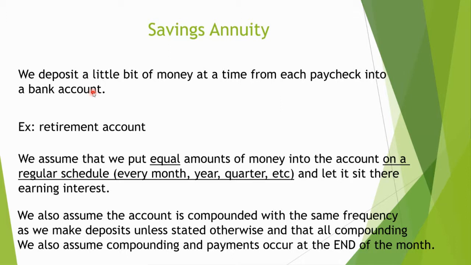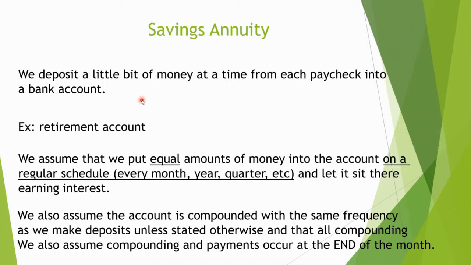So we're making deposits at regular time intervals, every month or once a year. This usually happens when someone has what's called a retirement account. They're working and they want to have money to live on when they're not able to work anymore and when they decide to retire.